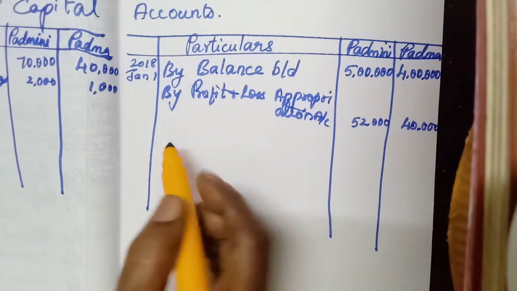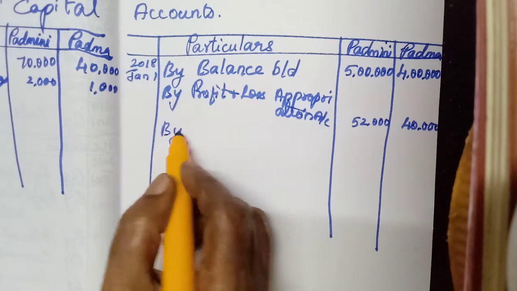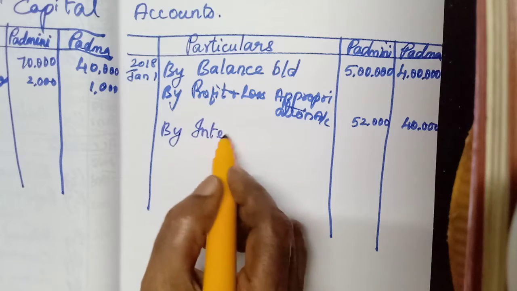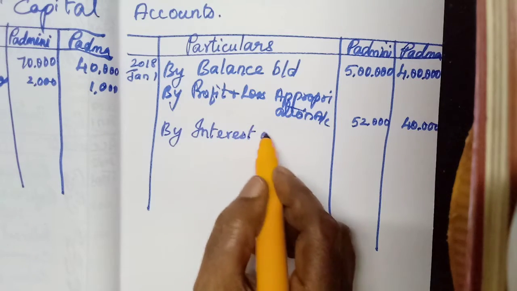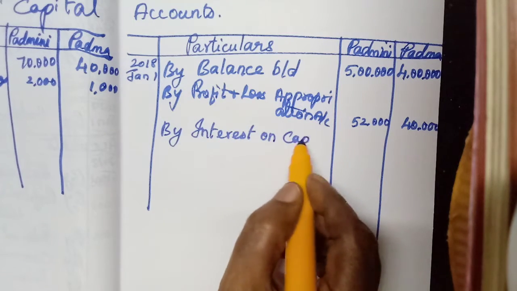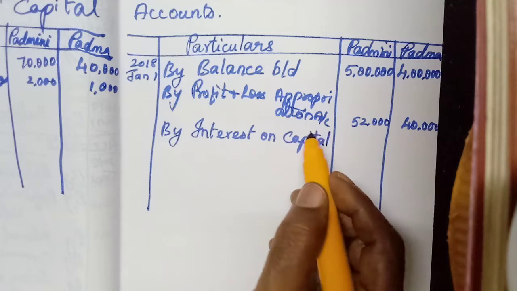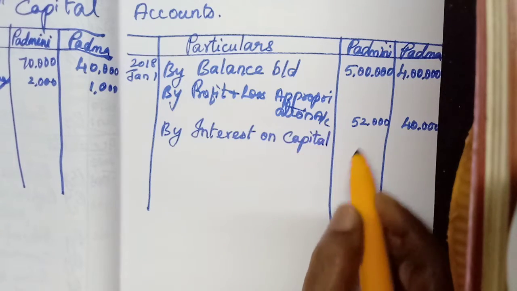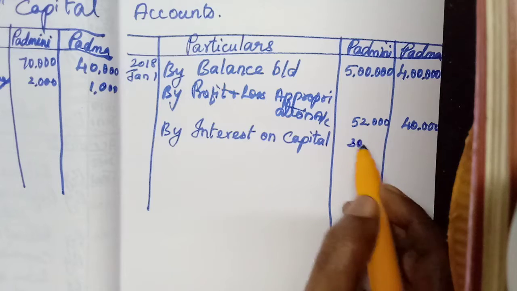Then interest on capital here on the credit side, by interest on capital, 30,000, 24,000.